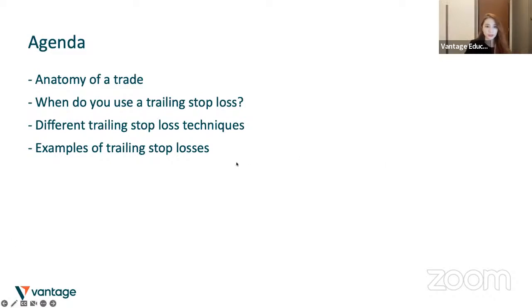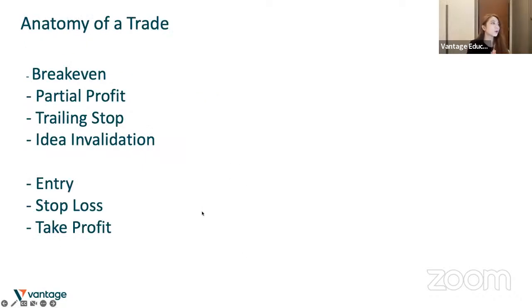Let's take a look. Okay, so we have 2 different categories. First will be break even. So we have the partial profit, the trailing stop loss, and the ideal invalidation.